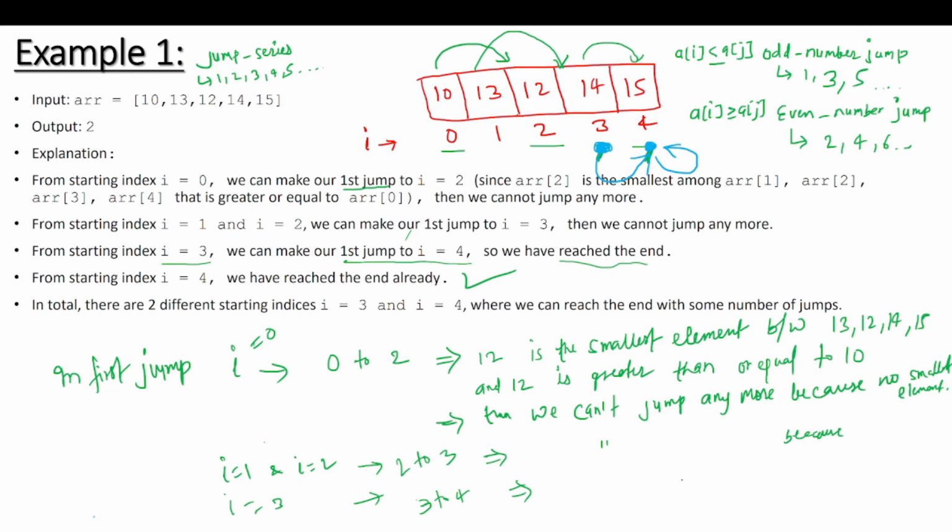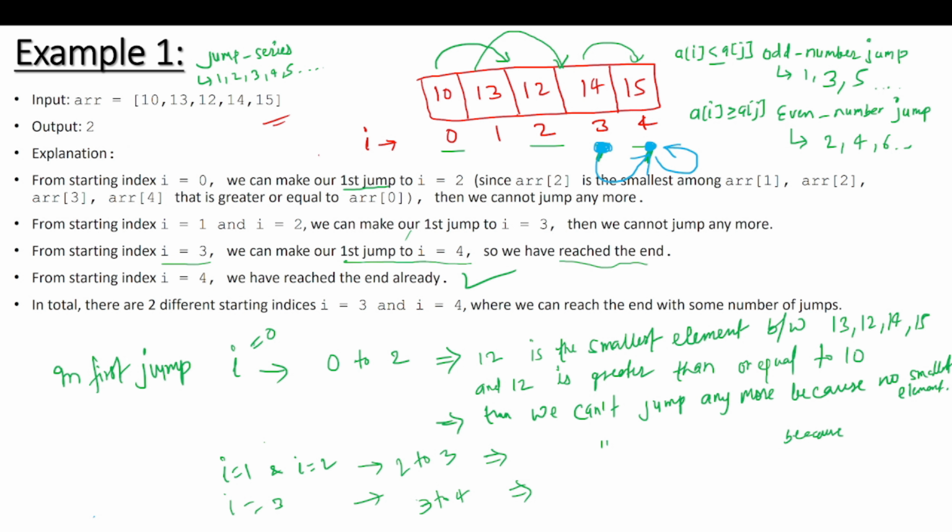Let's see the first example. We are given 10, 13, 12, 14, 15 in the array, and the output is 2. How the output 2 comes about is very important to understand.